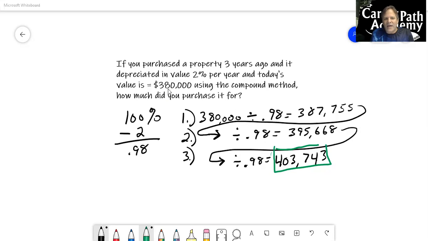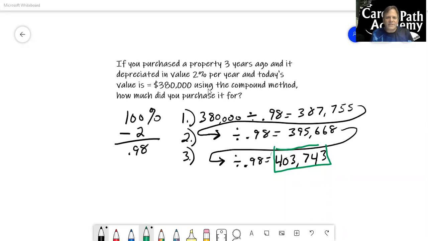Because today's value is 380,000, and you purchased it 3 years ago, and it depreciated in value, that means that you bought it for more. So your number should actually be going up. Your number should be more than the 380,000. That's the way to make sure that you're at least going in the right direction. Now, the way that this would happen would be if you multiplied instead of divided.